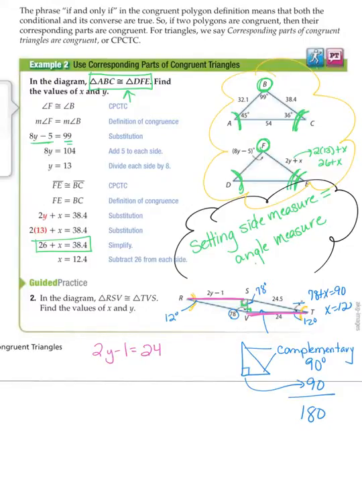And now we can just solve. I may, on some problems, have to take that further and look at where the SV and the VS come together, and see different sides like that. But in this particular case, the RS was the one we had to find, so it worked out pretty nicely. So our X is 12 and our Y is 12 and a half. And we don't get upset if it doesn't come out even.